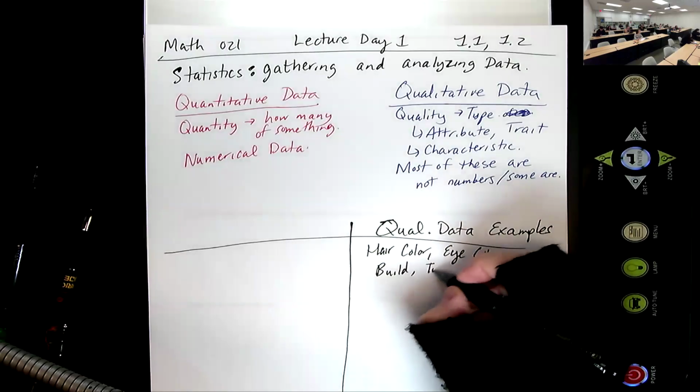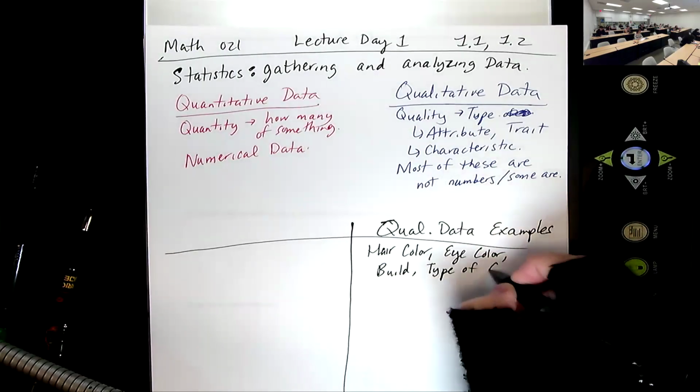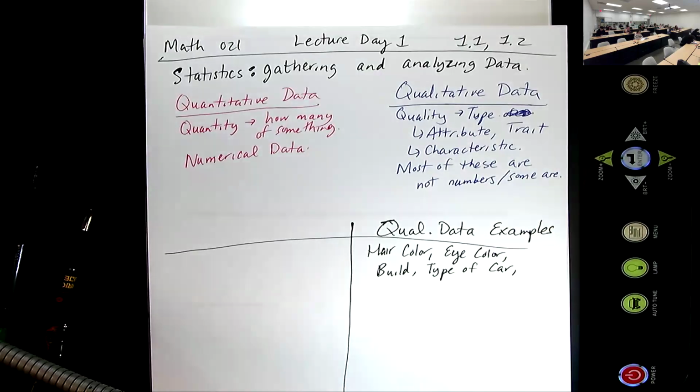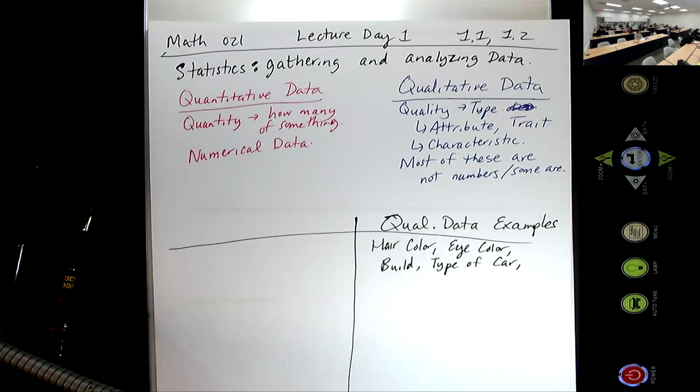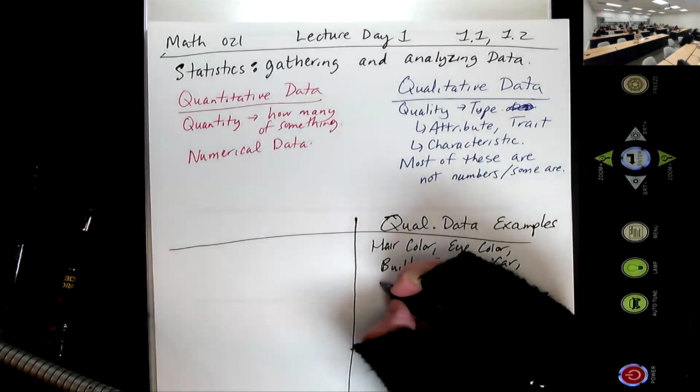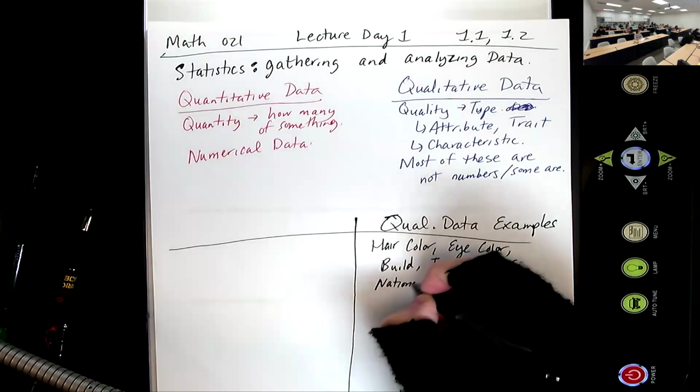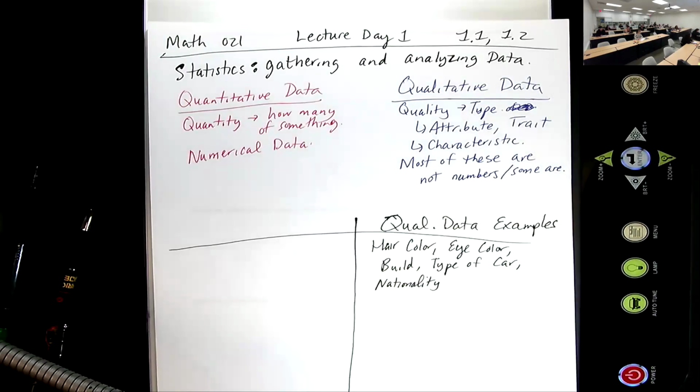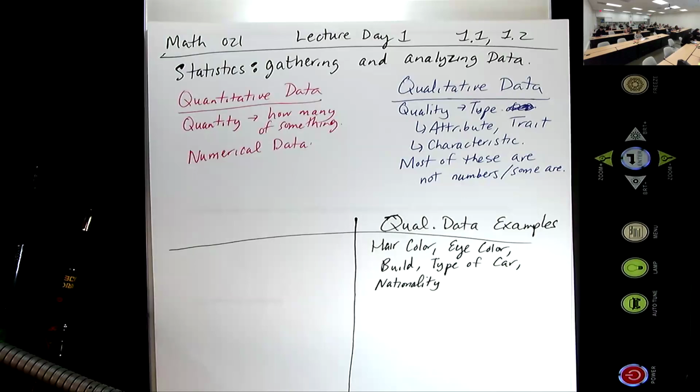Type of car. Is it a sedan? Is it an SUV? It's a category. Nationality, either where you were born or where you have adopted nationality, kind of thing.